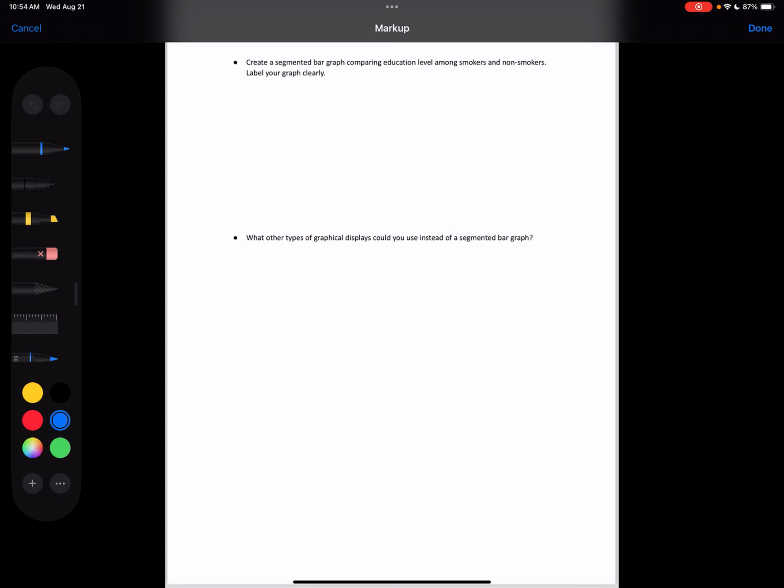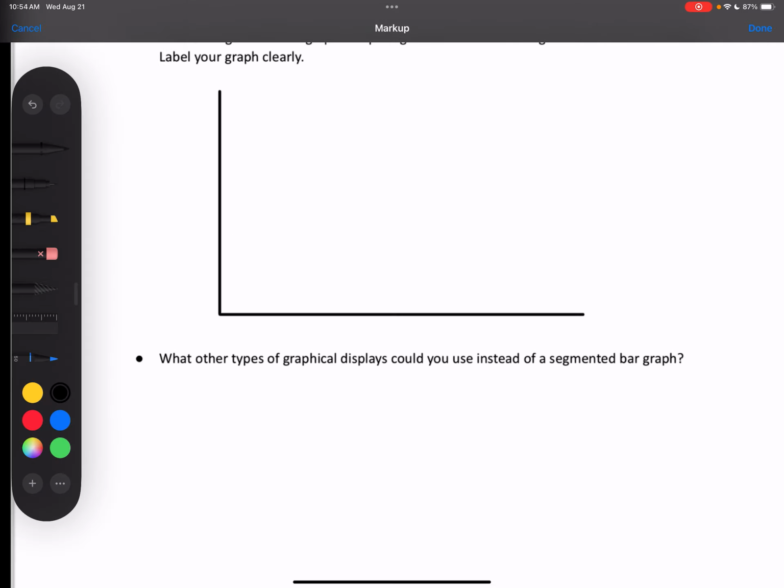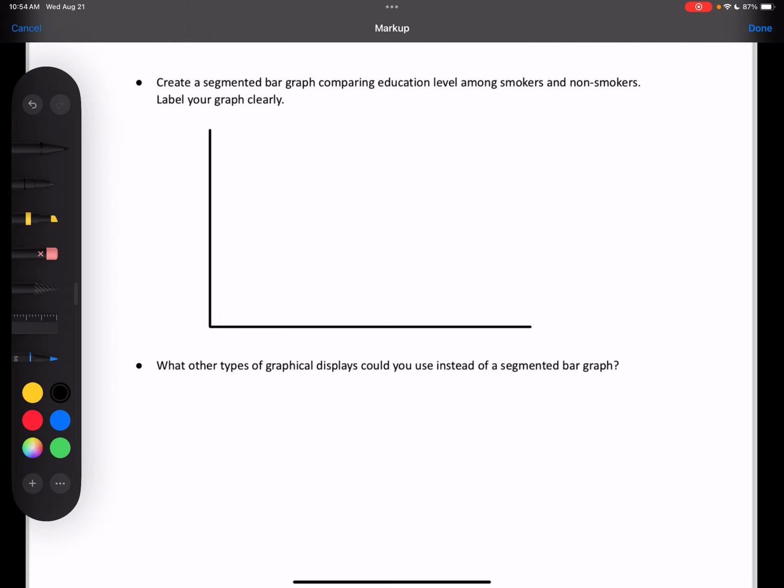When I'm setting up my graph, we just need quadrant 1 of a graph. So I'm going to do one bar for smokers, and remember, these can't touch, and then one for non-smokers.